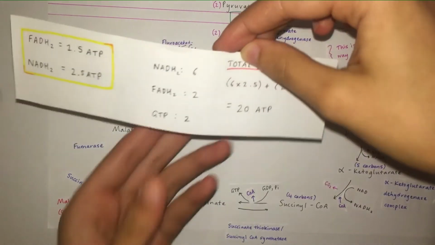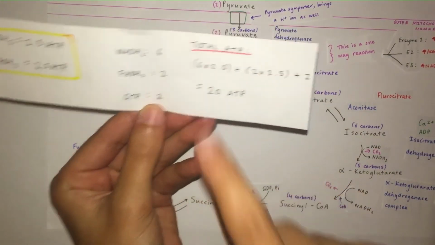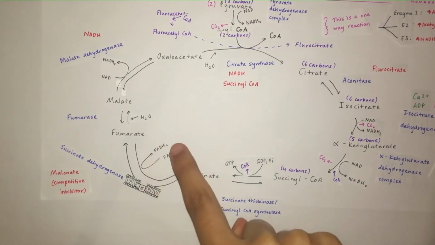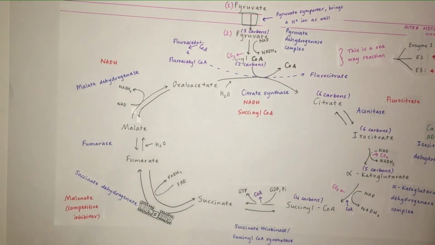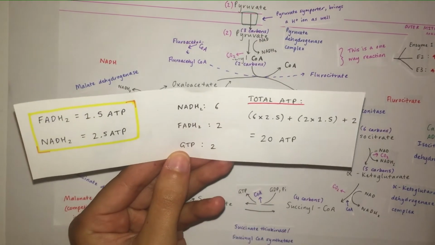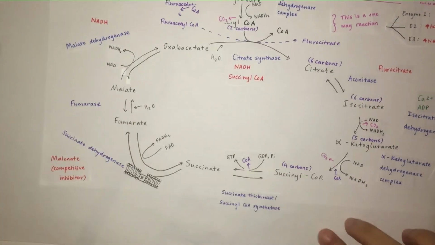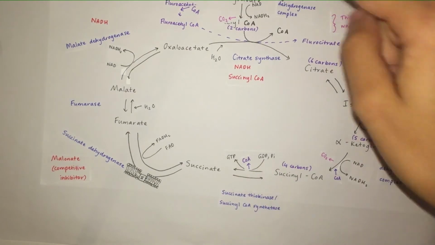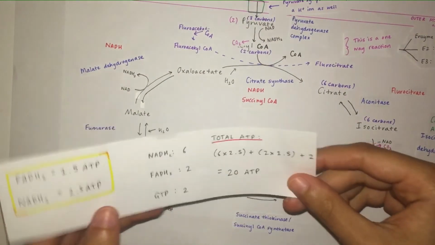Multiplied by 2 is 6. So we have 6 NADHs. Let's see how many FADH2s we have. We've got 1, but we have to multiply that by 2 because we're going through the cycle twice. So we have 2 FADH2s, and then we have 2 GTPs. So we've got 1 here that's seen in the cycle, but we're going through twice because there's 2 pyruvates at the start, and therefore we have 2 GTPs.